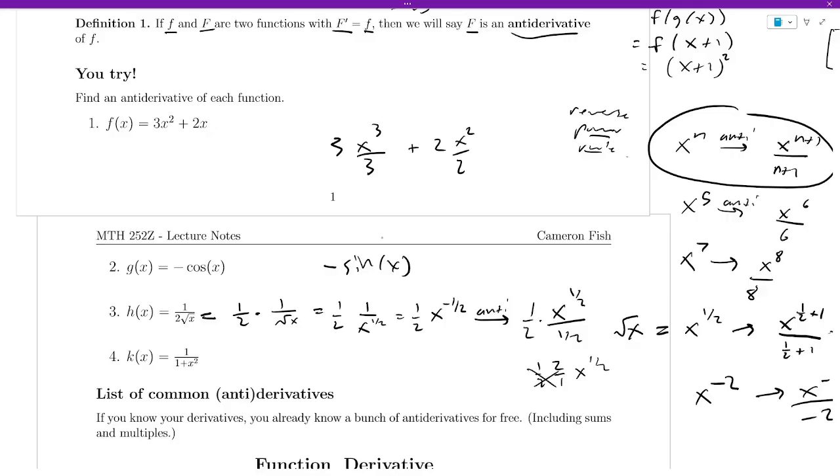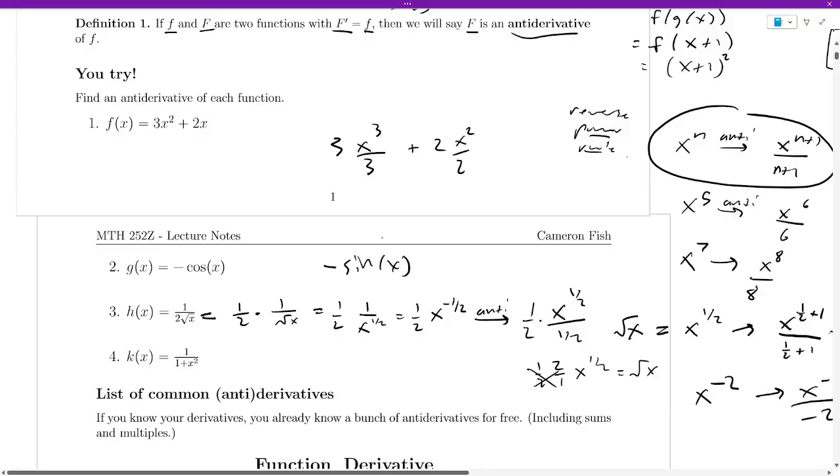These will cancel. You'll just have 1 times x to the 1/2, which I can write as square root of x. So the antiderivative of this thing is square root of x. If we had done the derivative of square root of x previously, we would have maybe seen that it turned out to be this guy. Okay.